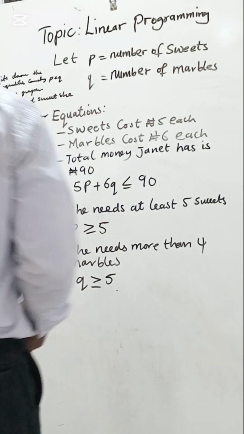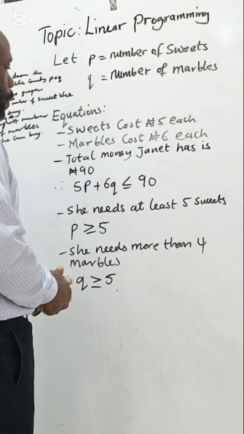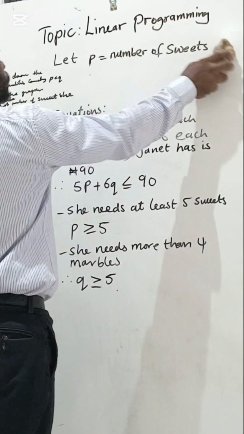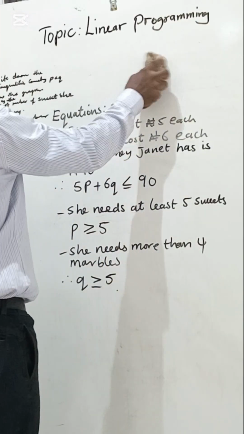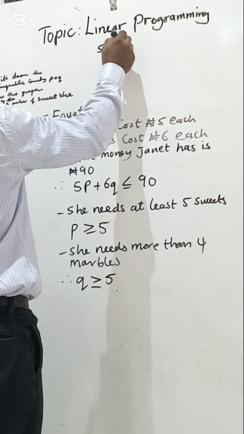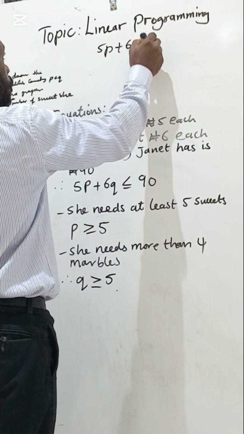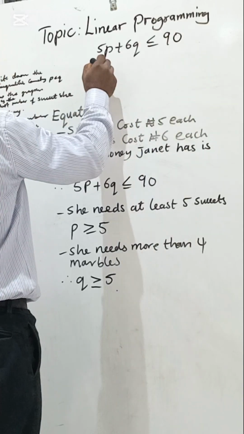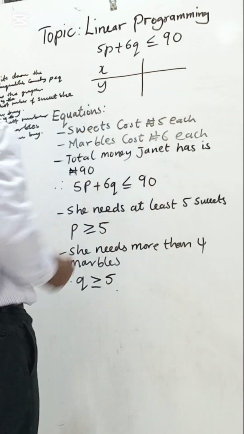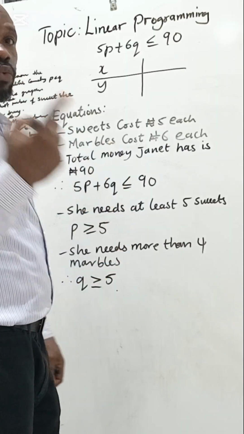So firstly, I'm going to create a table of values for 5p plus 6q less than or equal to 90. I'm going to take just 2 values.